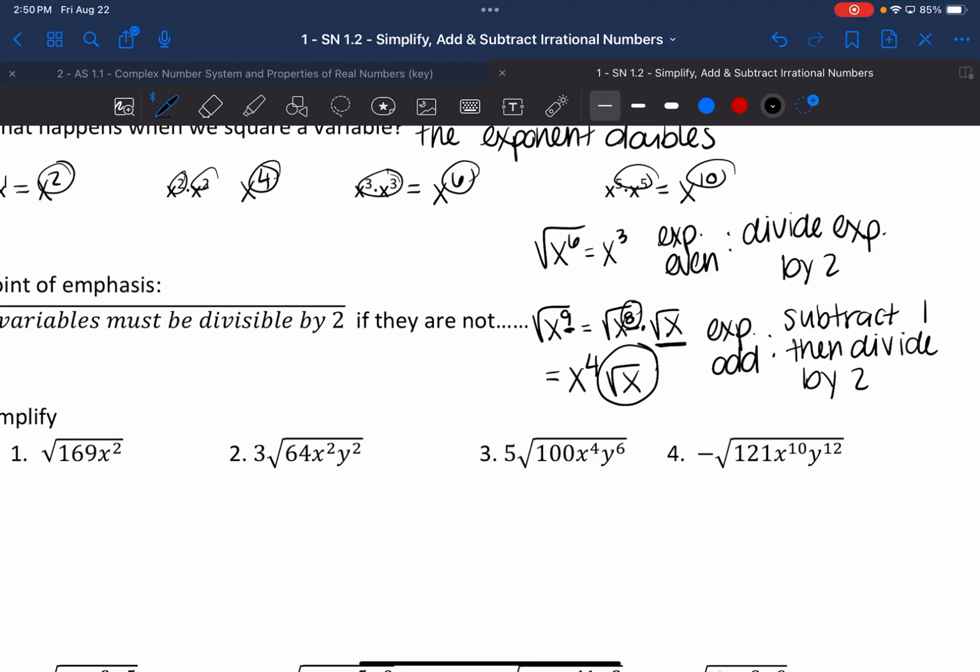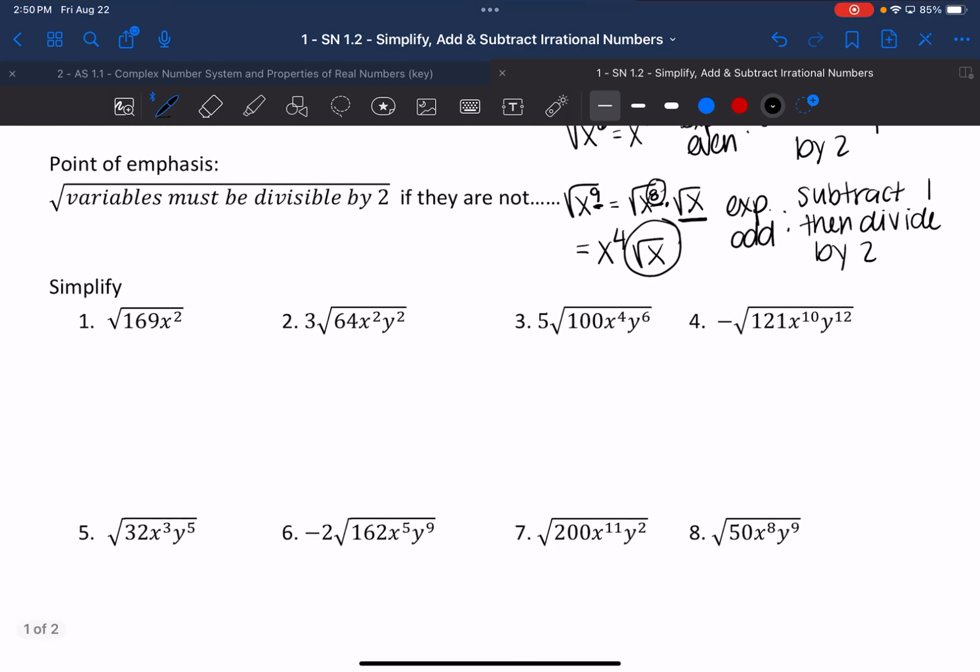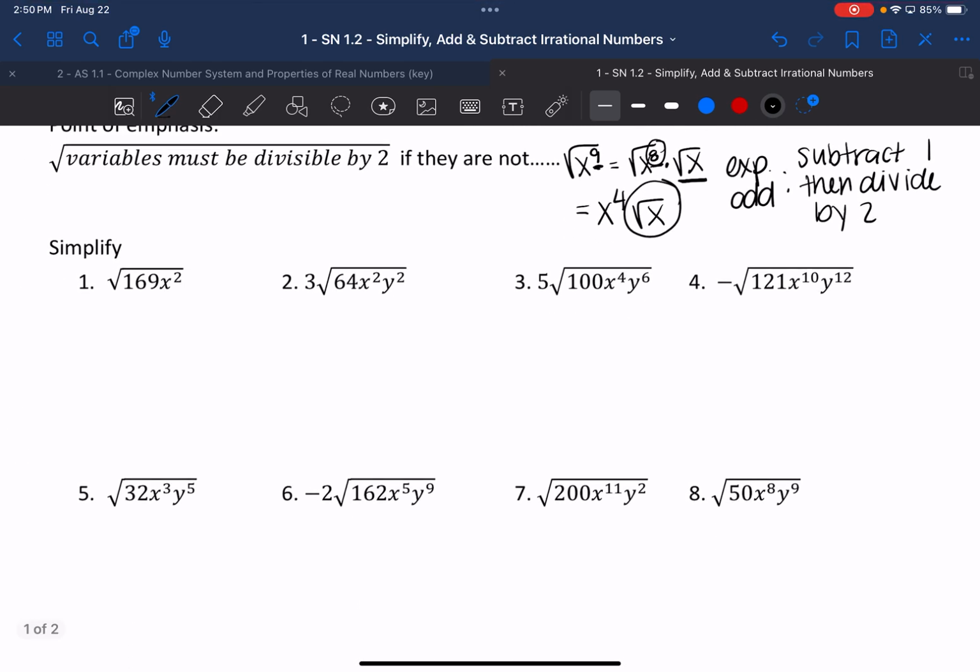All right. So now let's look at some examples where we've got some numbers under the radical as well as variables. So on number 1, we got square root of 169x squared. What is the square root of 169? 13. And then on that x squared, my exponent's even, so all I got to do is divide by 2.